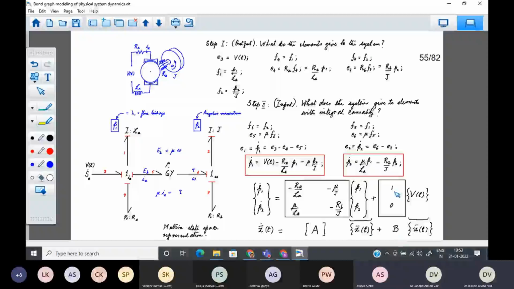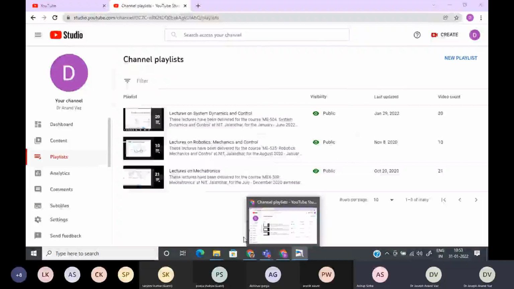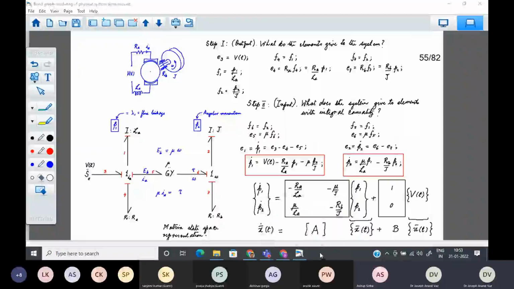And here you get this matrix B, which is operating on the input vector. So this is the form in which you can always get equations for linear systems.